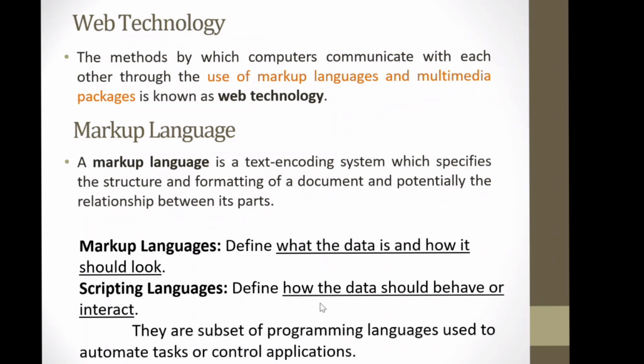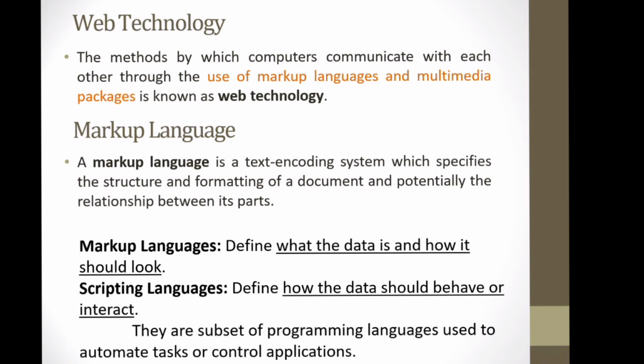But how data should behave, that is decided by the scripting language. And scripting languages are basically used for automation purposes. What data should get shown, that is the markup language, and what data should do there, okay, what will be the role of data, how it will react, how data will communicate with each other. For example, we have a form, we click on some button, and we get a pop-up window.